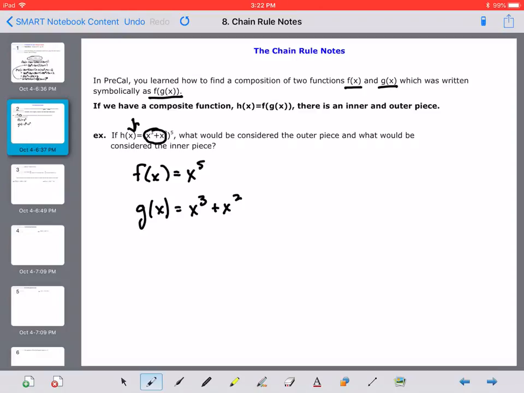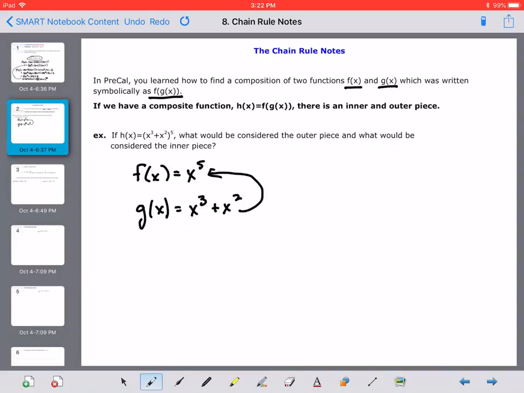So if we compose those, we get that h of x is equal to that x cubed plus x squared to the 5th power. Remember, we're taking that g of x and plugging it into f of x.